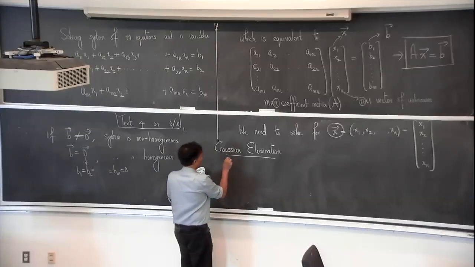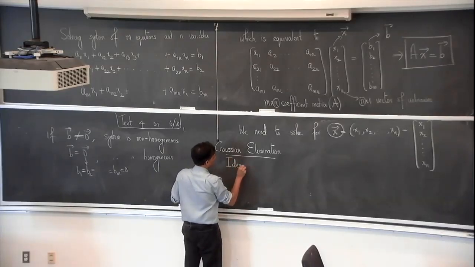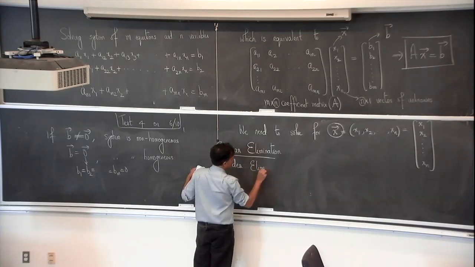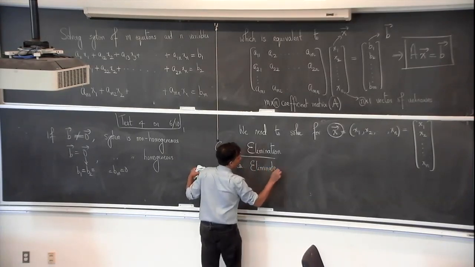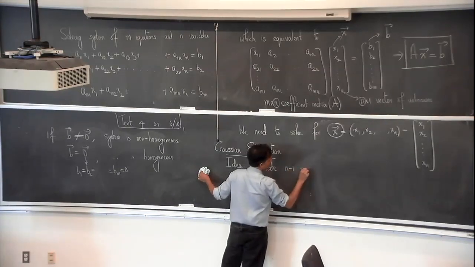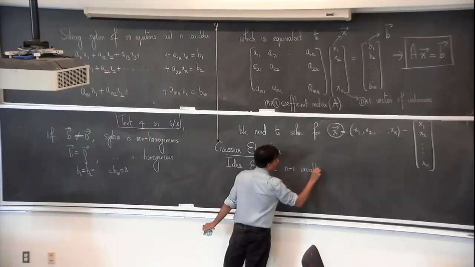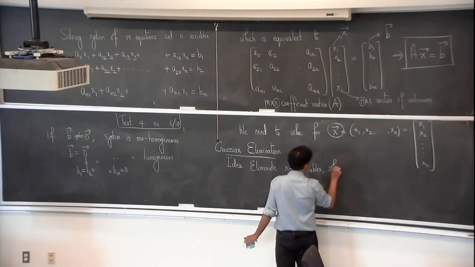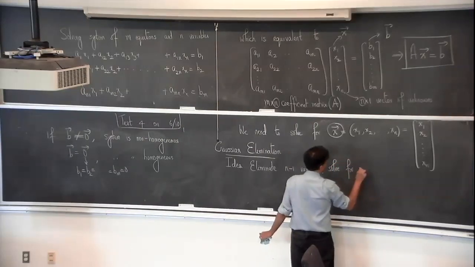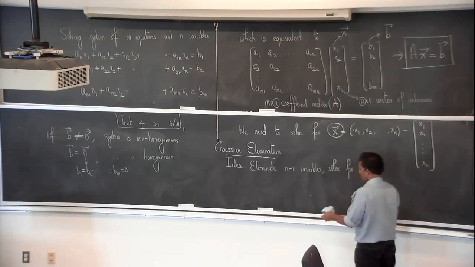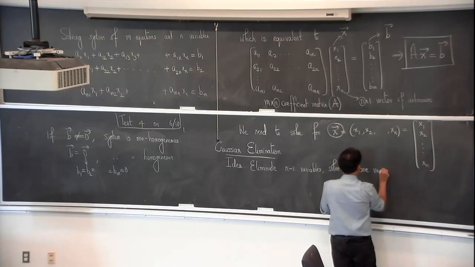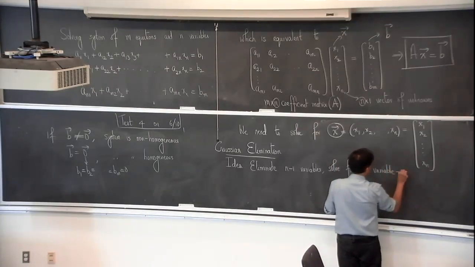The idea here is to eliminate n-1 variables and solve for just one variable. And then back substitute.